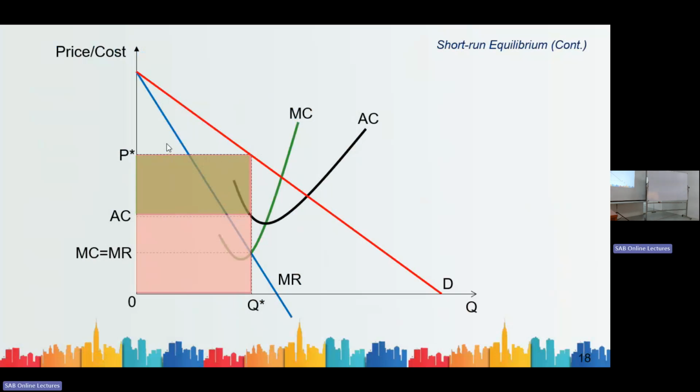The inverse demand curve is P equals 100 minus 0.2Q.